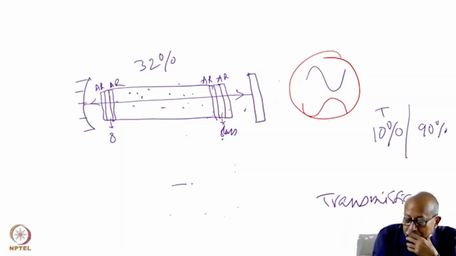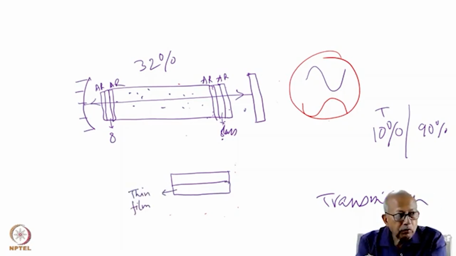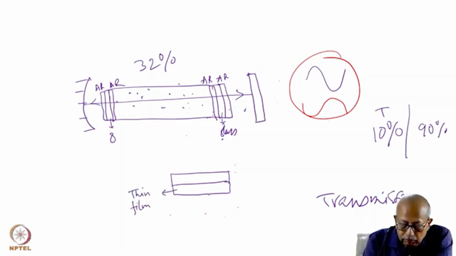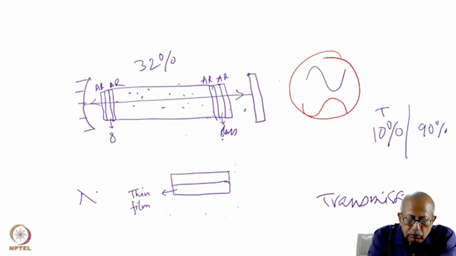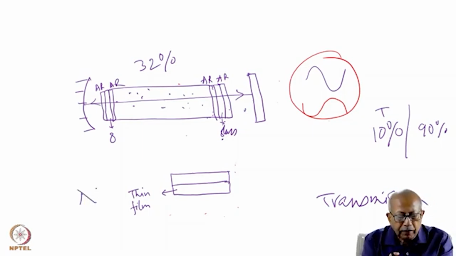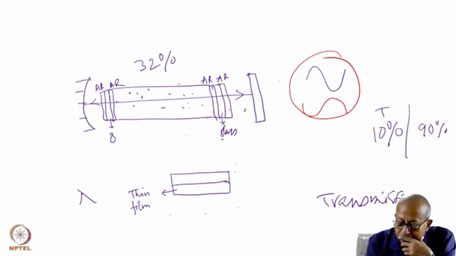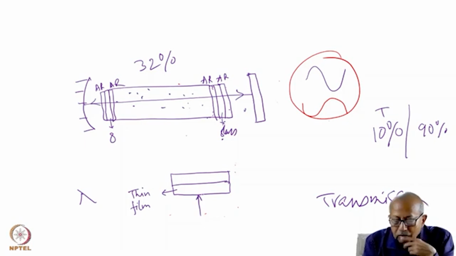Again take this glass plate and we deposit a thin film and we again shine light of wavelength lambda, for which this dielectric film is designed.